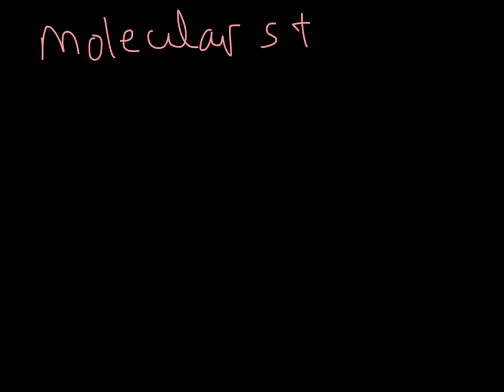Last part of this section is the molecular structure. And don't forget that molecular structure influences how substances feel, how they touch, how they interact with everything else. And every molecule of those elements in covalent bonds has a specific three-dimensional shape.